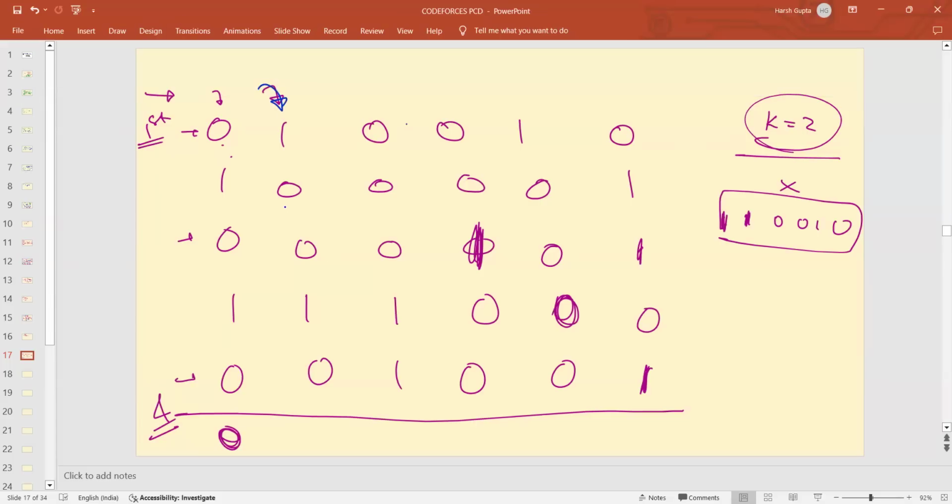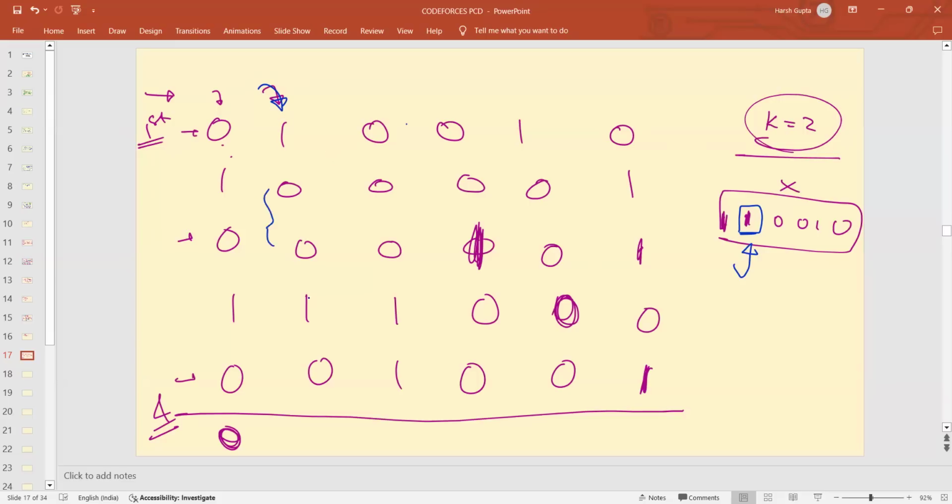For this particular bit, I observe that the value of x is also 1. Only if the value of the bit in x is 1 can we turn 0 to 1, isn't it? Otherwise, we can't turn 0 to 1. So if the value of the bit at this particular position for x is 1, we will see how many max operations we need to turn this particular bit 1 for all the numbers.